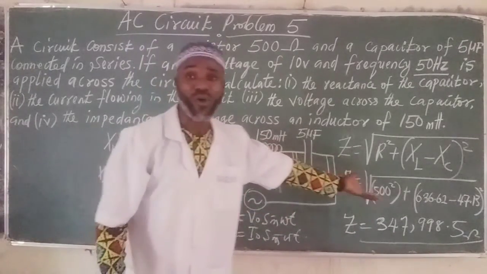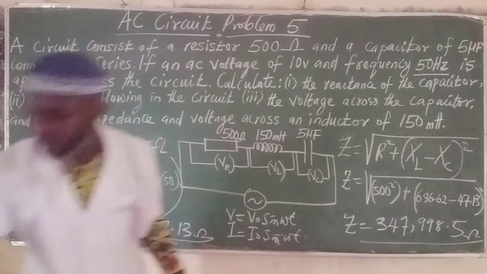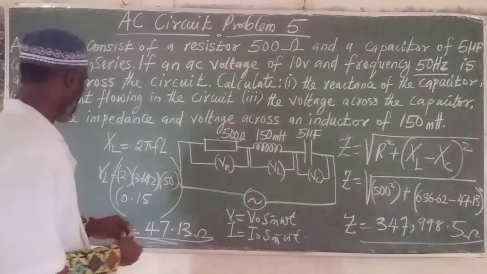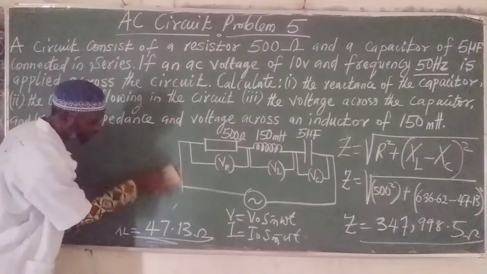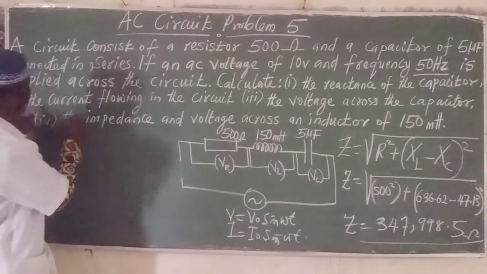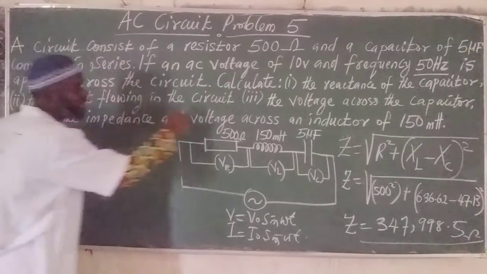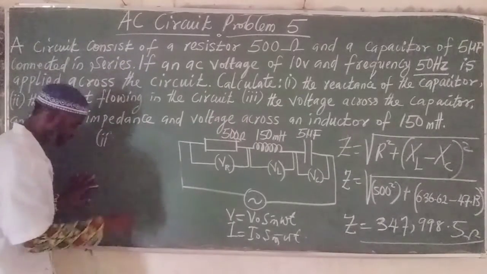Now we can go on and find the value of current. So quickly we substitute and state the formula we are going to use to find the value of the current flowing. Look at it. It's very simple. The second one, the current flowing in the circuit.